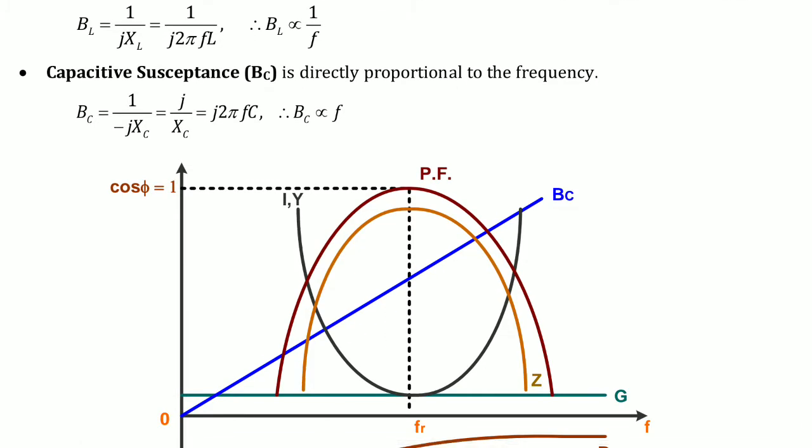If the frequency goes on increasing, the susceptance value of the capacitor is increasing. Here they drew it in blue color. It is increasing linearly from 0 onwards.